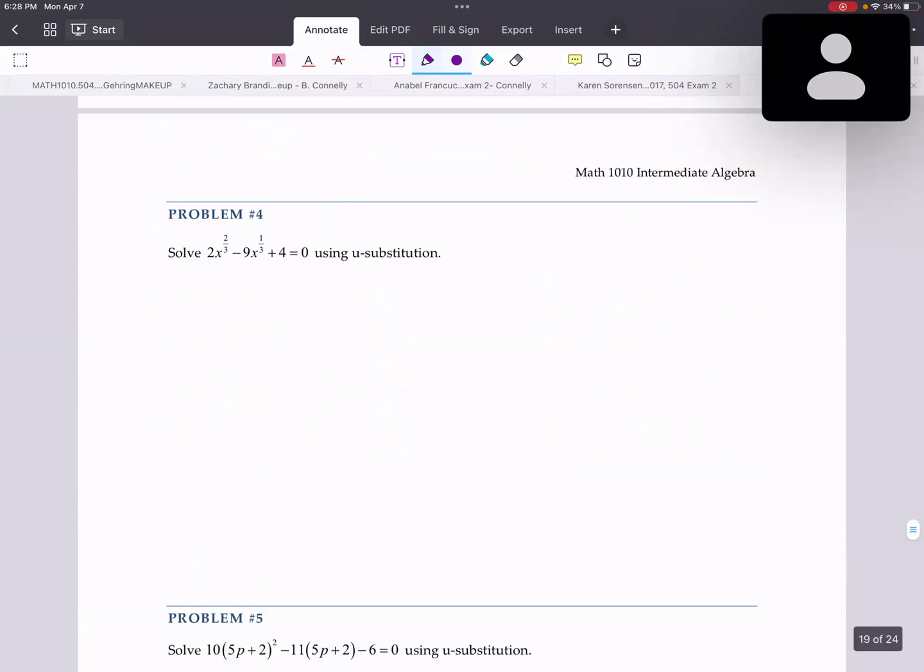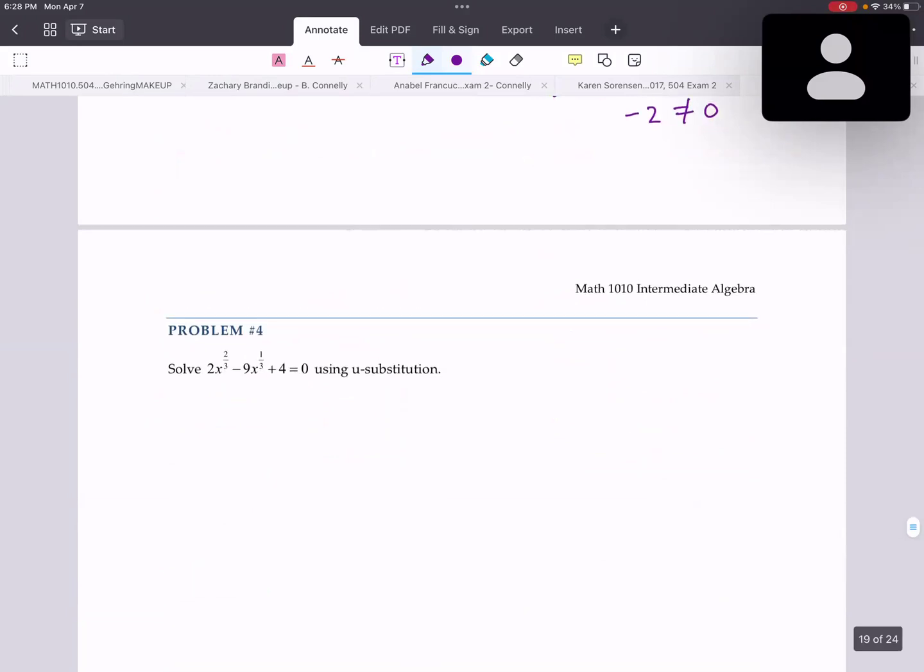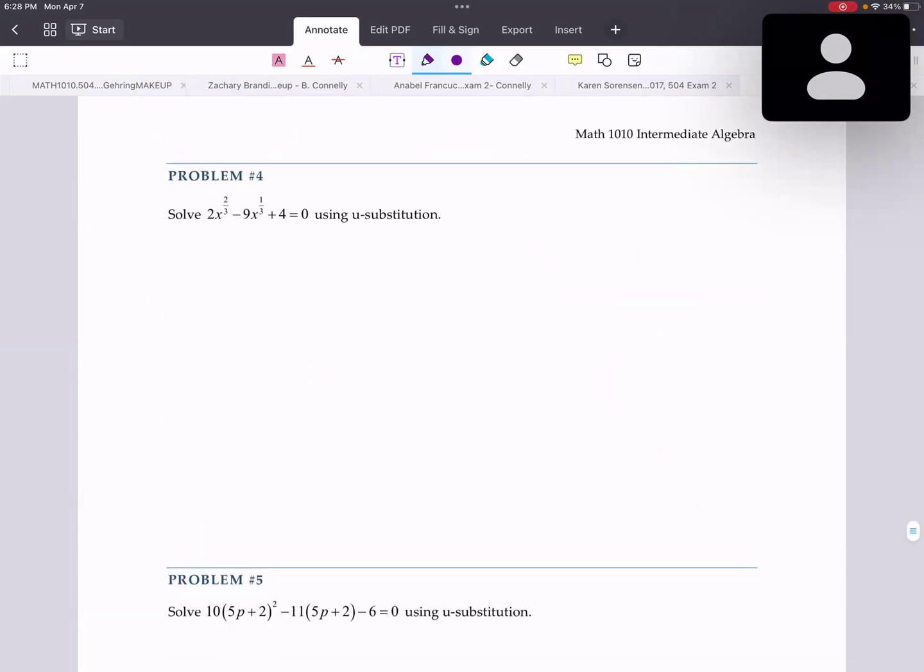Okay, we'll try one more here. So on this one, these look kind of crazy because now we've got these fractional exponents. And again, remember, we want it in that form of ax squared plus bx plus c equals 0. Well, remember when we talked about fractional exponents and how we can change those to radicals?